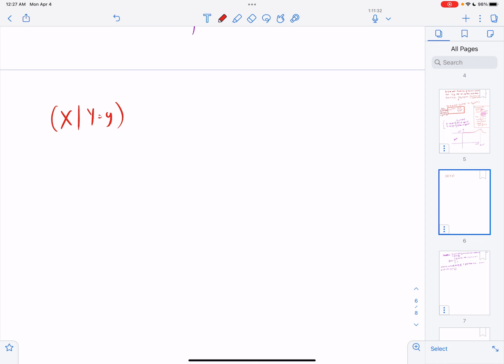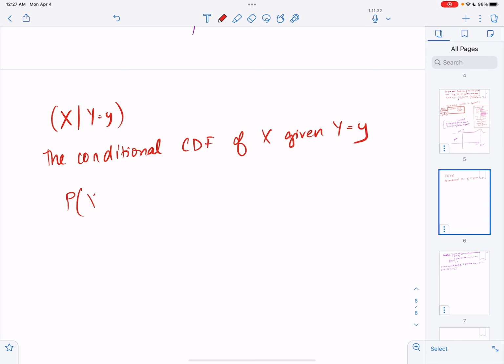What is the conditional CDF of x given y equals y? It is the probability that x is less than or equal to some value x given y equals y. So what would you do?